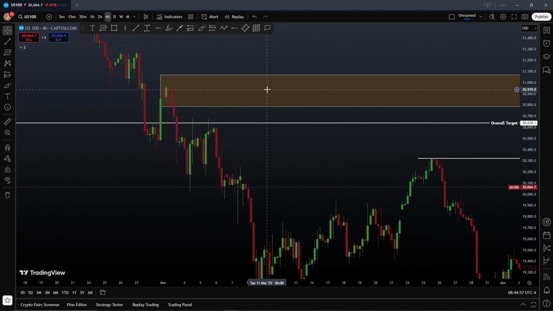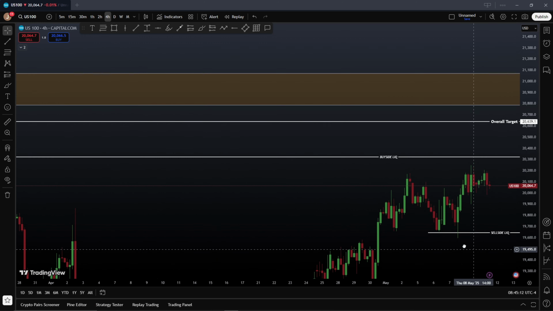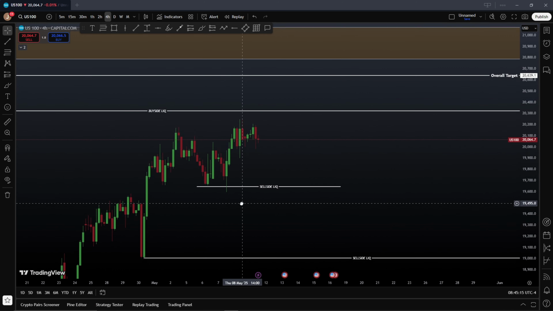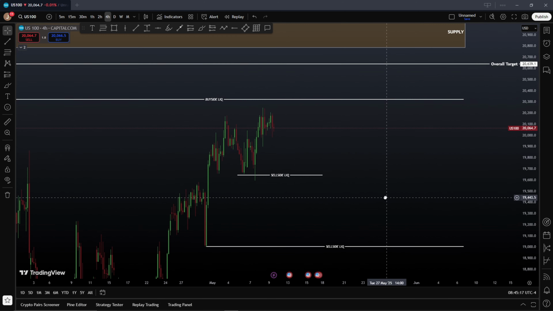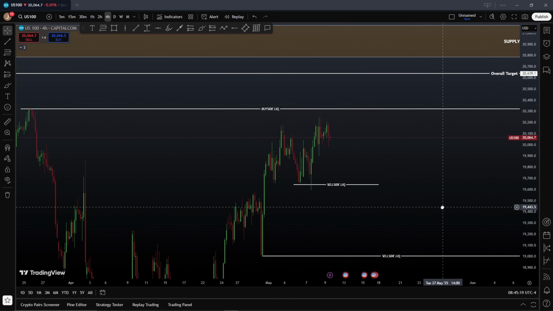And here we can see we do have an area of supply, so I would advise you to just find yourself boxing out that area right over here, as I have it over there as well, as this is an actual area to where we can look at as an actual point of interest. Or let me rather not say advise you to do that, because I'm not allowed to say that I'm advising you. But this is just simply my analysis, and this is what I'm having on my chart.